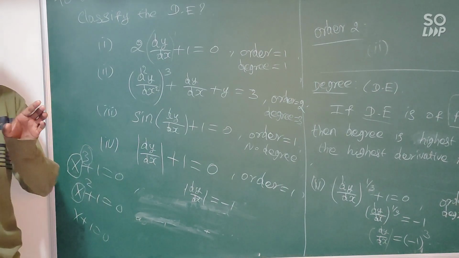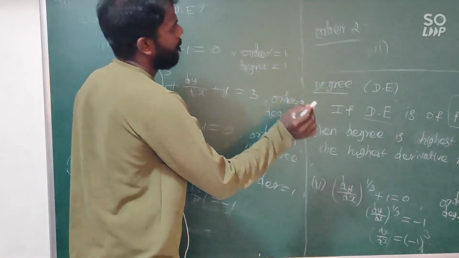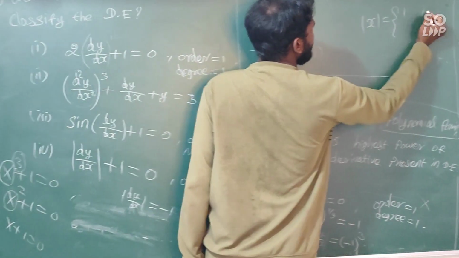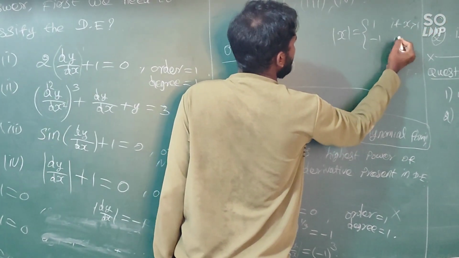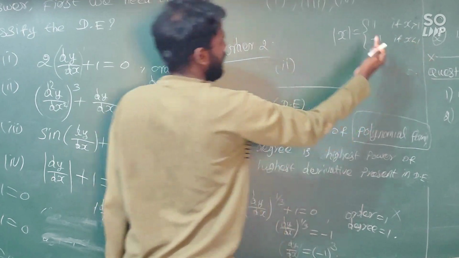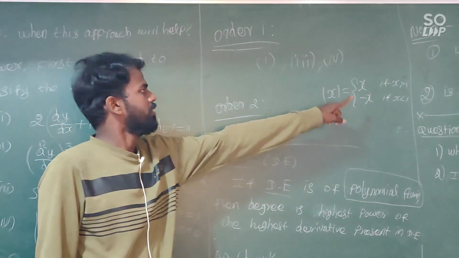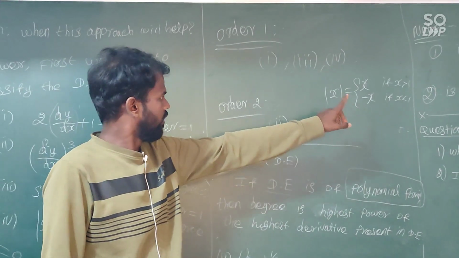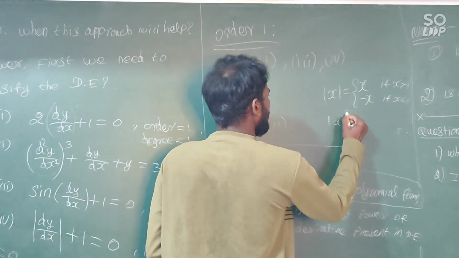Mod x means a function. Recall, mod x is x if x is greater than 0 and minus x if x is less than 0. Now to remove it on both sides, if you put mod x squared, what happens?